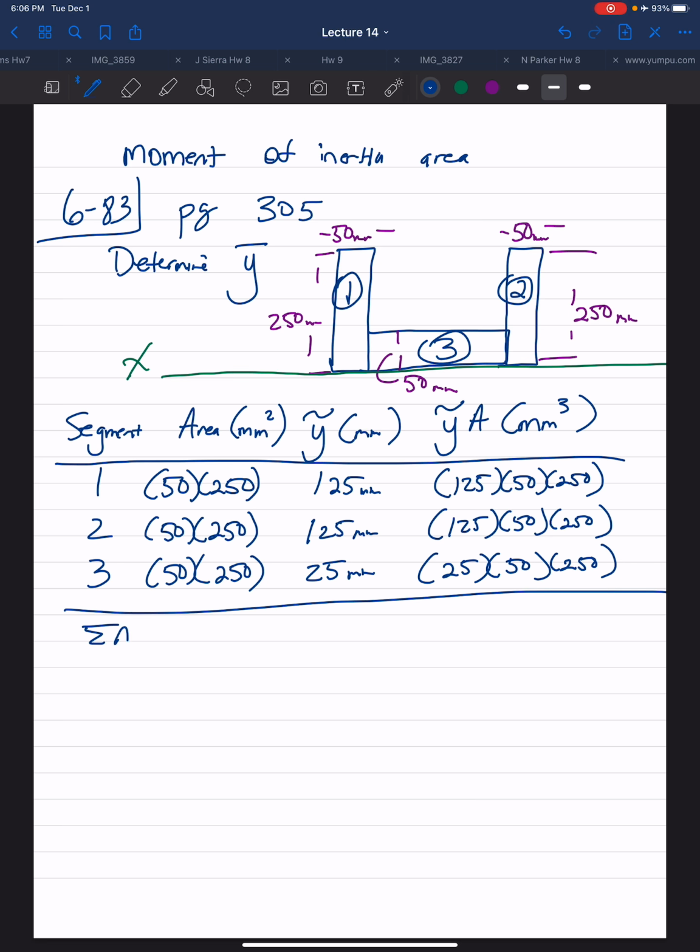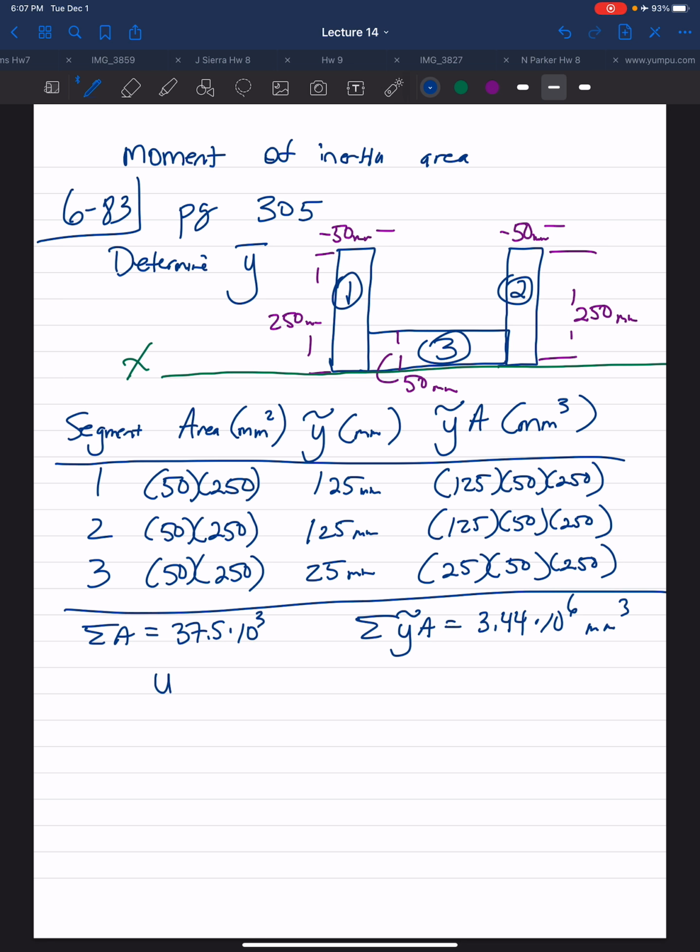Sum this up, we have our area. This comes out to be approximately 37.5 times 10 to the 3 square millimeters. And our y wavy bar A, summing all three of these, comes out to be 3.44 times 10 to the 6 millimeters cubed.